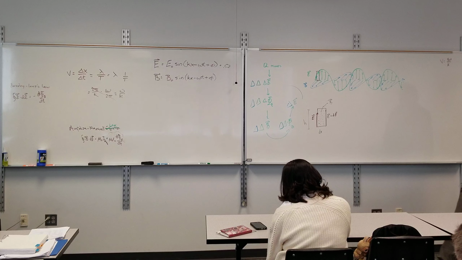So now I'm going to take that first equation there, and I am going to take the derivative with respect to x, and then I'm going to take the negative of the derivative of B with respect to time. So what is dE dx?